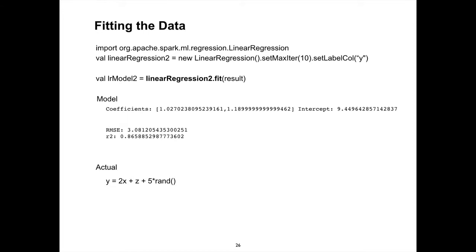And obviously, if we look at the actual data process we started with, we're a bit off. Because you'd expect the intercept to be approximately 0, but it's saying it's almost 9.4. And it's saying the coefficient of X is close to 1, and the coefficient of Z is also close to 1.